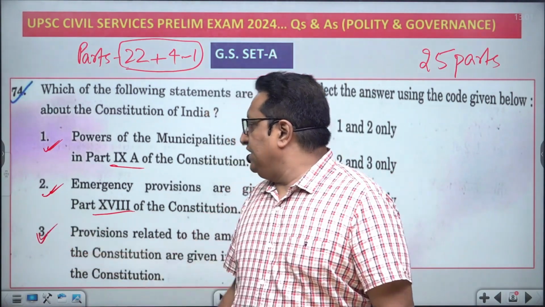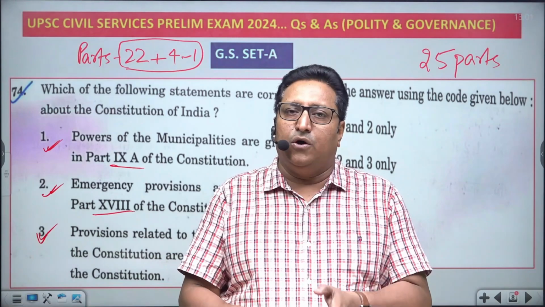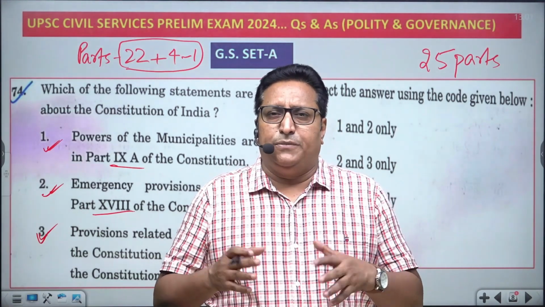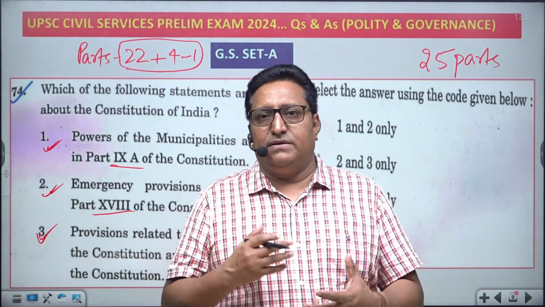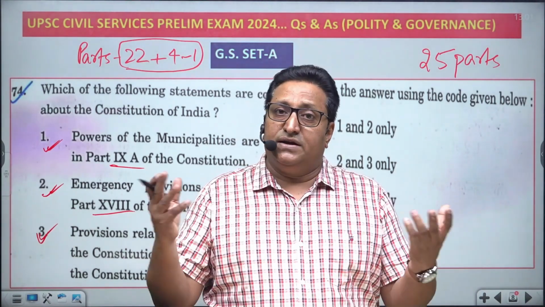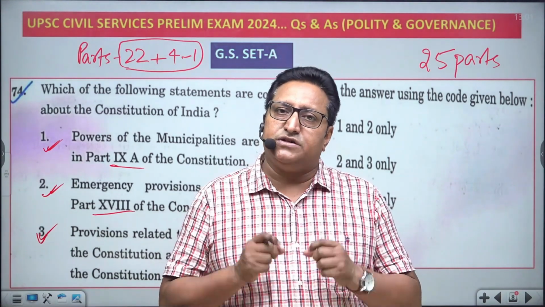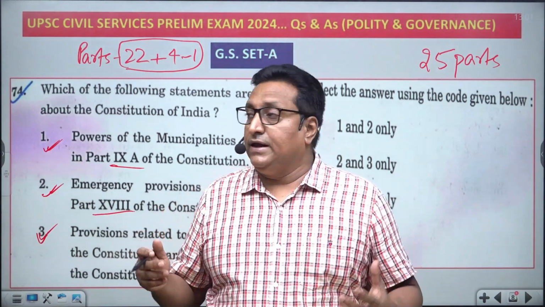Now, it gives you a valuable lesson that you should know also about the basic facts relating to the Constitution of India. Often people ignore these things, right? So you have to be very clear about the basic things. Next year, it may be something related to certain parts which have been incorporated in the Constitution subsequently.